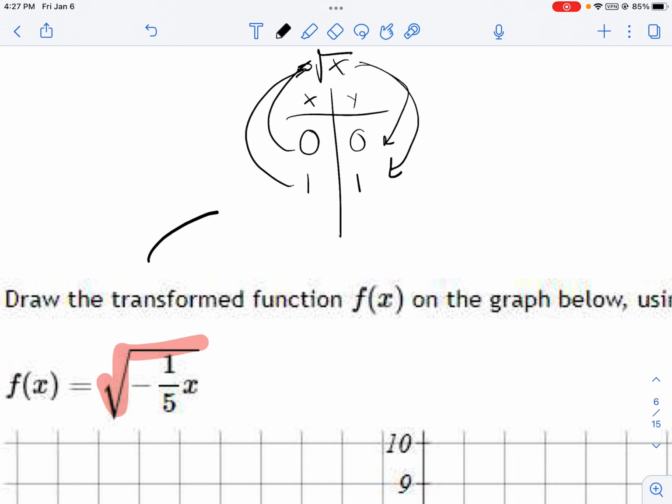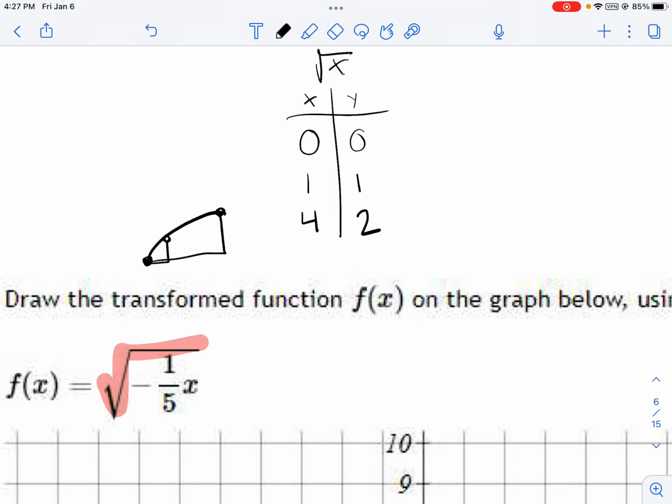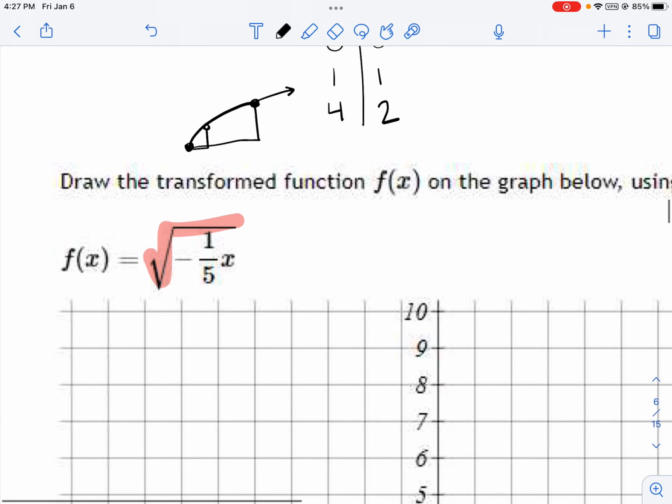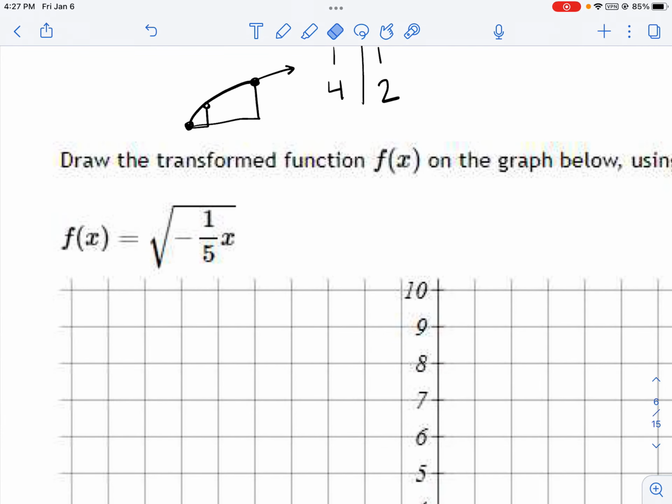Your next nice point is going to be at 4, 2. We'll call it a nice point because it's a perfect square. What's the square root of 4? 2, and that's where that point came from. So your pattern is 0, 0, over 1 up 1, over 4 up 2, and then it'll keep going from there.